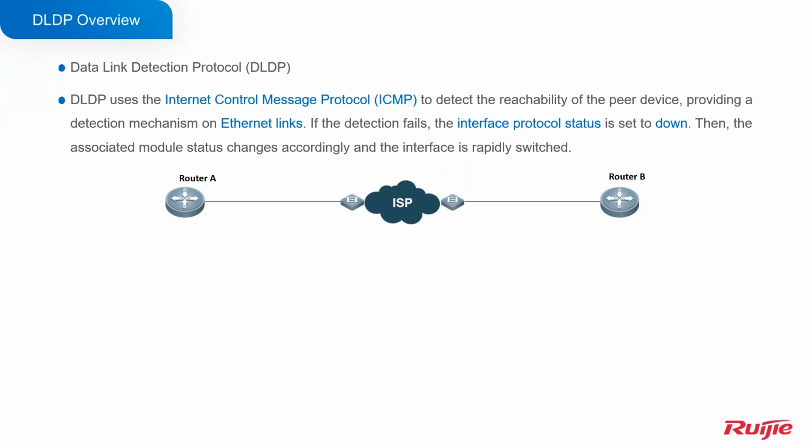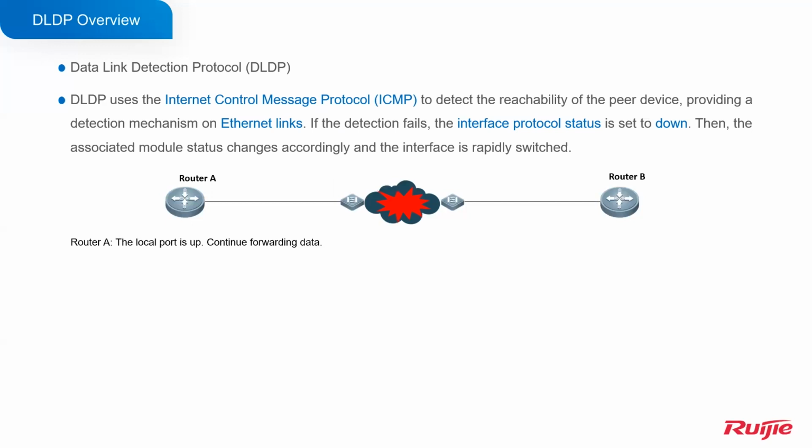As you can see in this figure, we have two routers, and between these two routers is the service provider's network. If we assume that some fault occurs in the ISP part, and router A cannot figure out this fault, the local port is up.